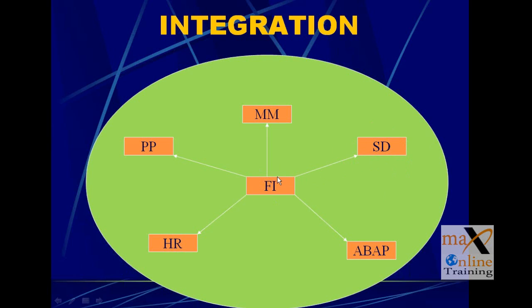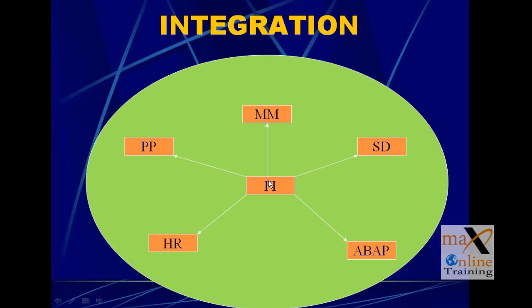In SAP, the FI consultant will interact with the SD consultant. SD stands for sales and distribution, because all the customer data will come from your SD consultants only. So he will gather some information about the customer. Then he will sell the goods, or else he will receive the payment from the customer. So here you will find the integration between FI and SD.